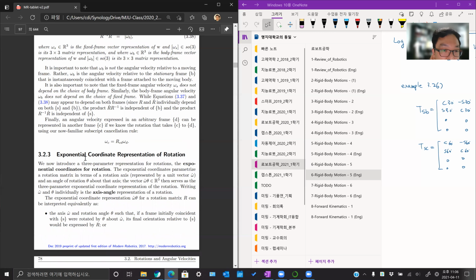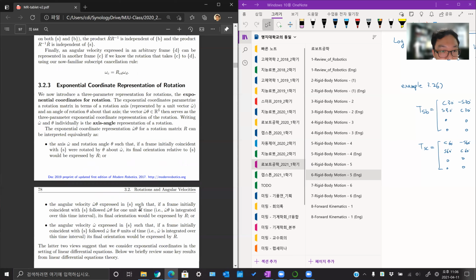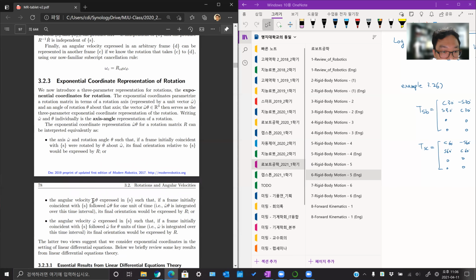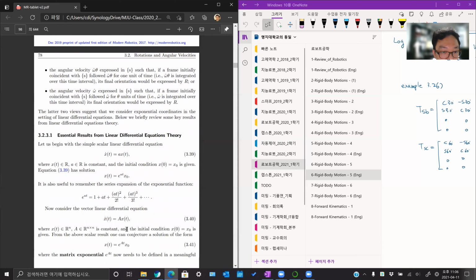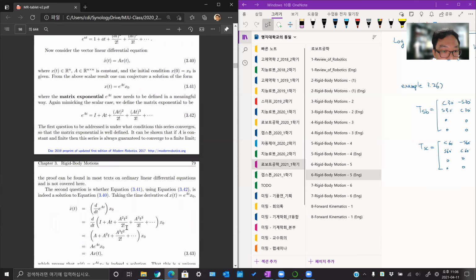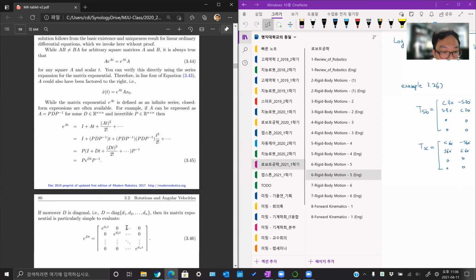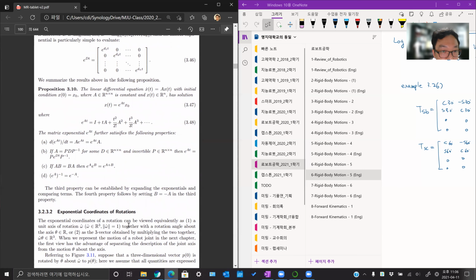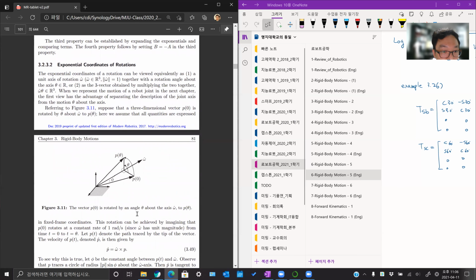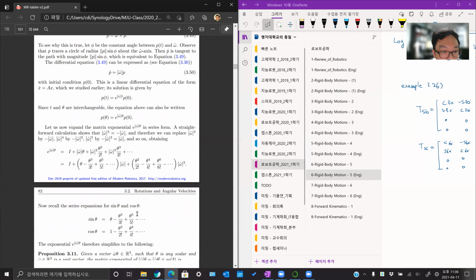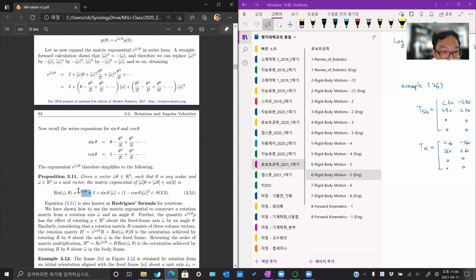And we learned about exponential coordinate representation. So using the unit angular velocity multiplying theta, we can get rotation matrix. So in here, we learned about this one.